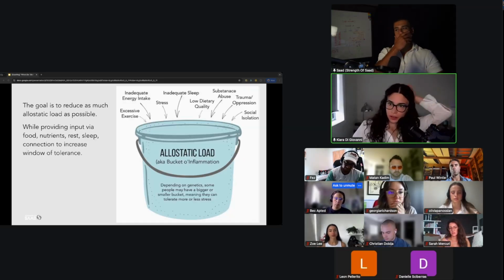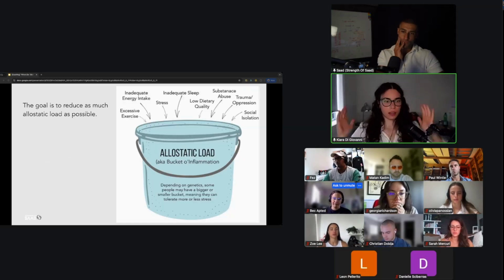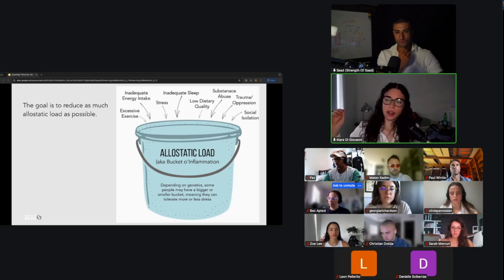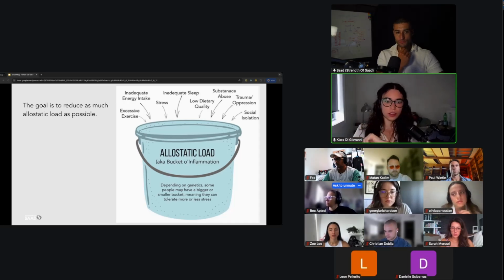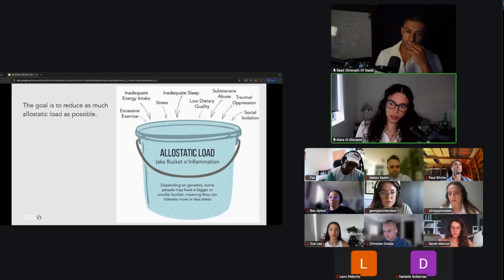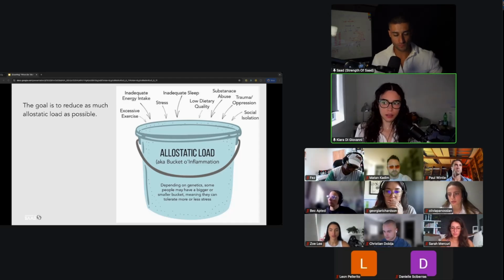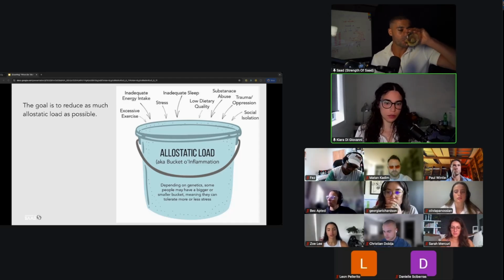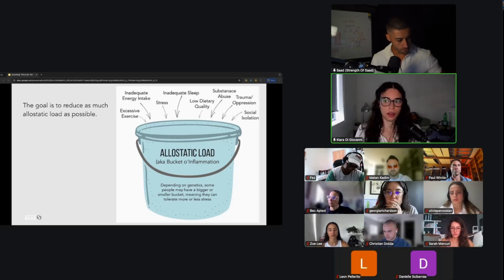So the goal with allostatic load, look at this bucket on the side. This is all of the less constructive things to our health that a lot of people are dealing with or doing to themselves, or they've just been dealt that hand in life.